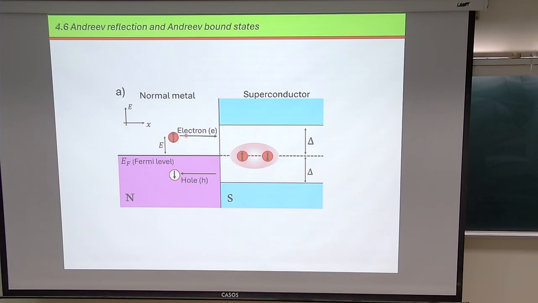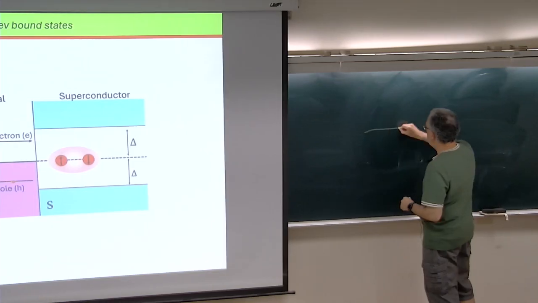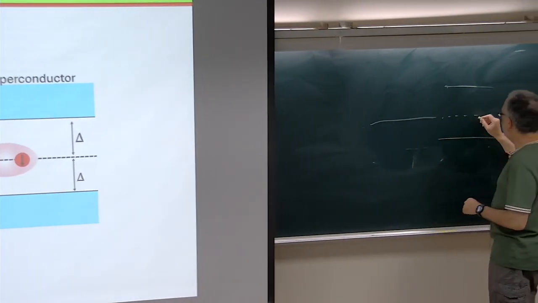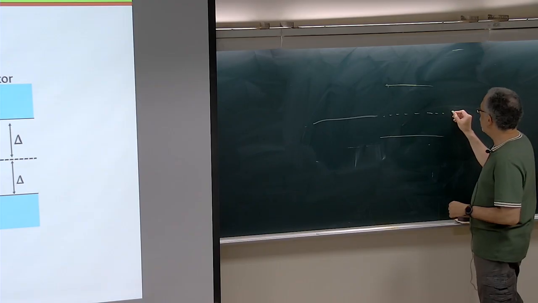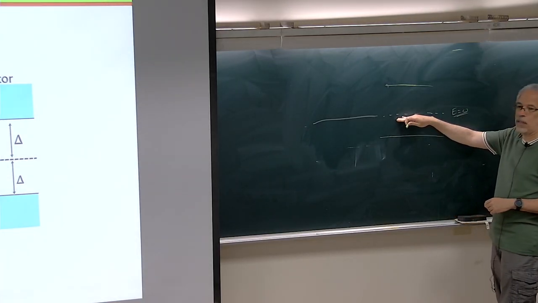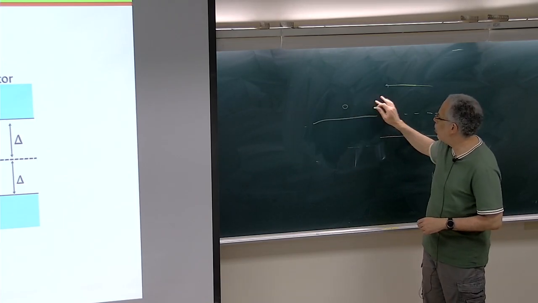It's another way to interpret this, maybe. So this is the zero energy. So it's the energy of the condensate. So if I put here an electron, it cannot go because it's a gap.